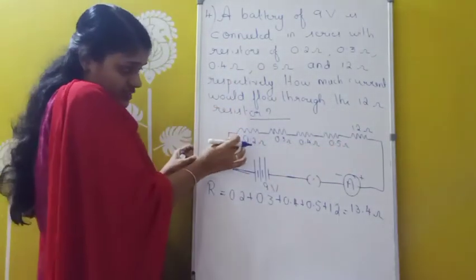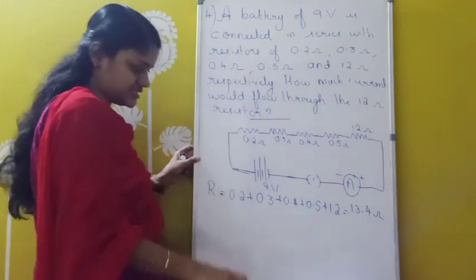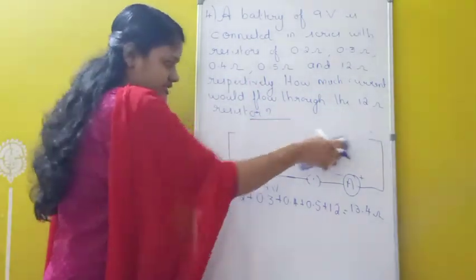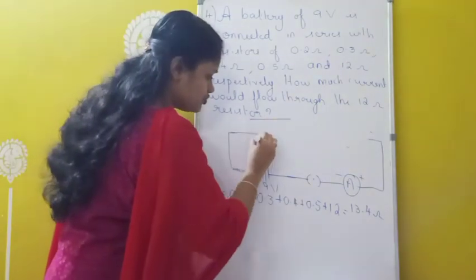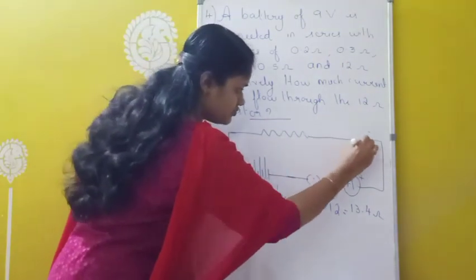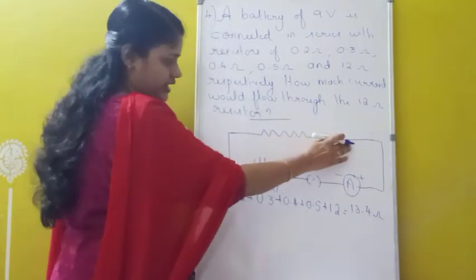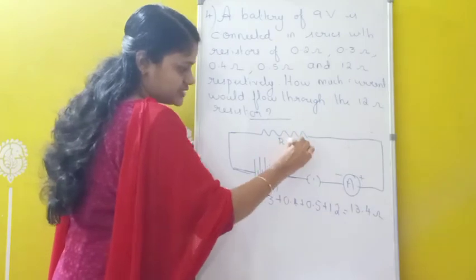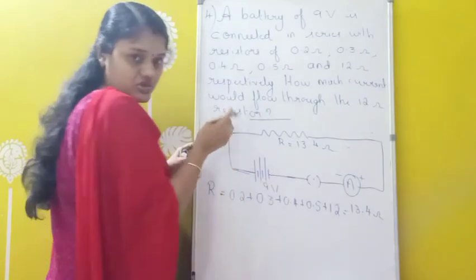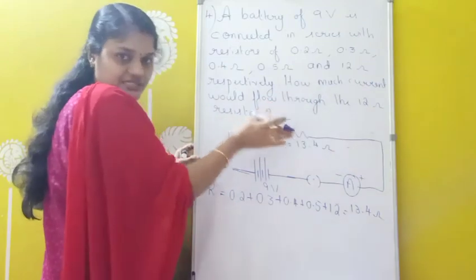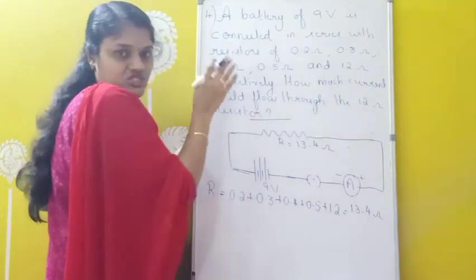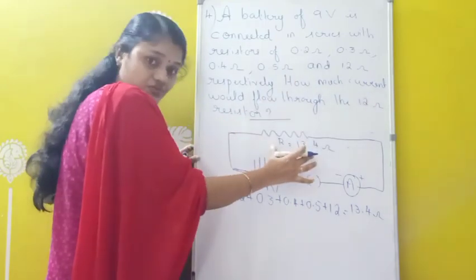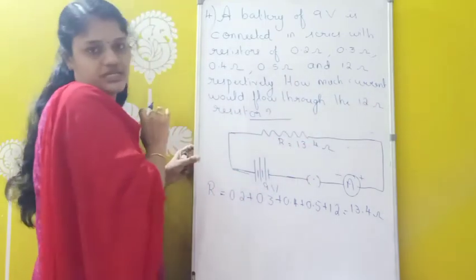The meaning is, instead of all these 5 resistances, we can simply substitute another single resistor, and that resistor has how much value? 13.4. So I am substituting another effective resistor with a resistance value of how much? R is equivalent to 13.4 ohm. That is the meaning, because all these resistors are in series, and I am simply adding all these resistances to give the effective resistance. So instead of all these resistors, I can substitute another resistor having the value 13.4 ohm.